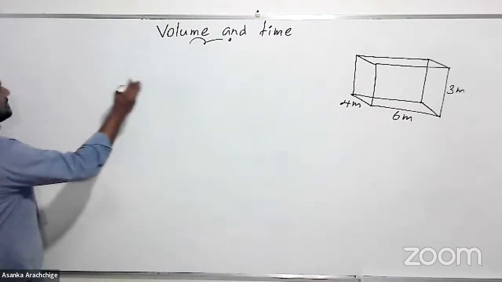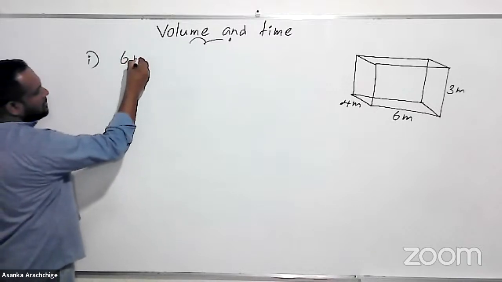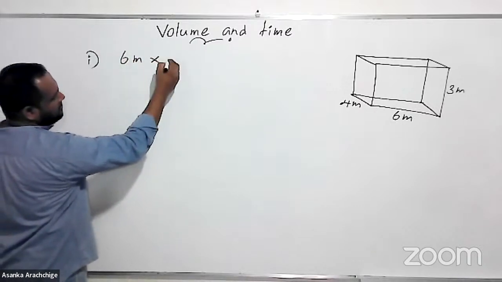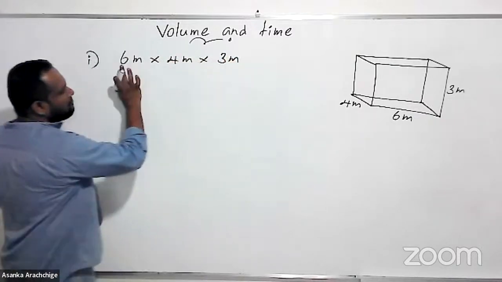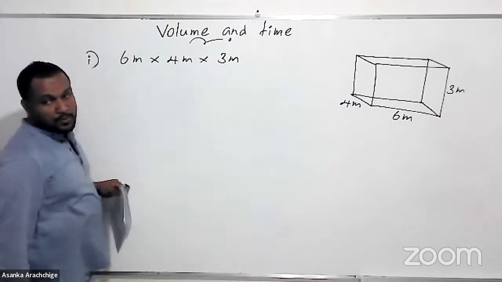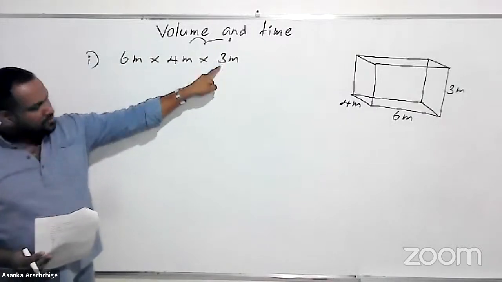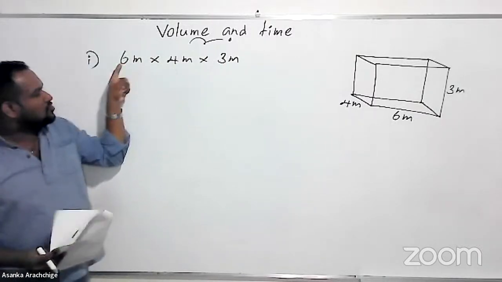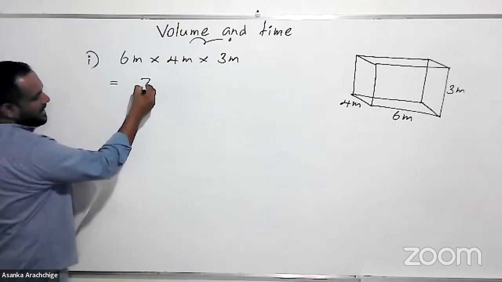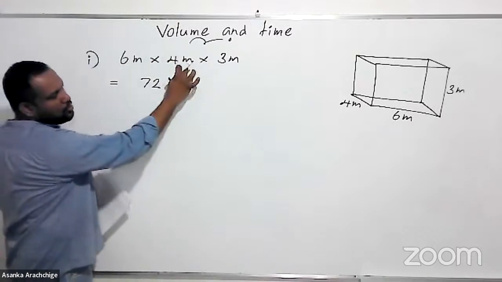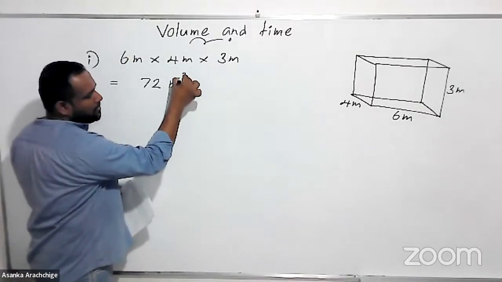So the capacity comes from the product of length, breadth, and height. What is 6 times 4, Darwin? If it is difficult, then you can come this way. 3 times 4, 12. 12 times 6, 72. What is the unit at this moment? Meters into meters into meters. Cubic meters. 72 cubic meters.